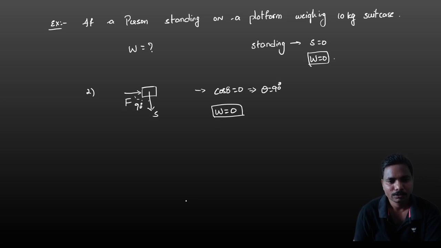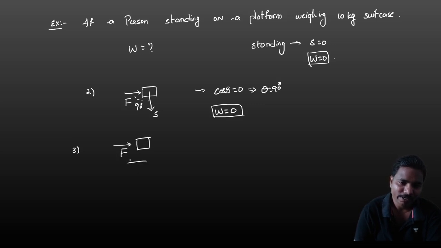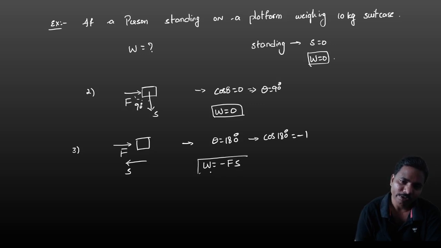If there is negative work, that means the angle is 180 degrees: if you apply the force in this direction but your displacement is in the opposite direction, then theta is equal to 180 degrees. In this case cos 180 degrees is equal to -1, so work done will be minus Fs, that is negative work.